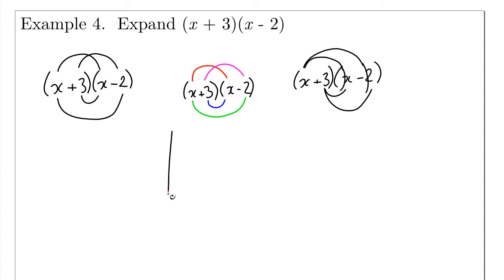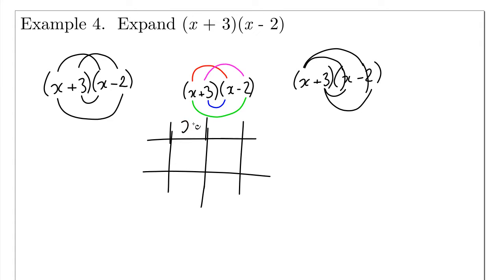The last method I want to show you is the grid method. So if you draw a grid like this, and you put the brackets in the squares up here and down here, for example, the first bracket x plus 3, you'd write it at the top, and the second bracket x minus 2, you'd write on the side.